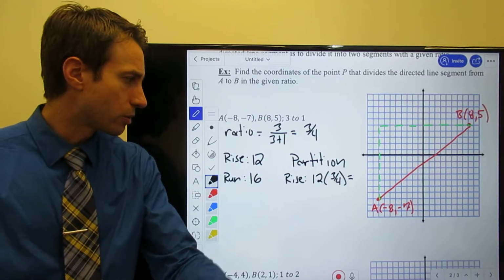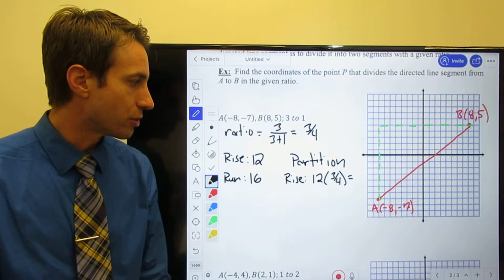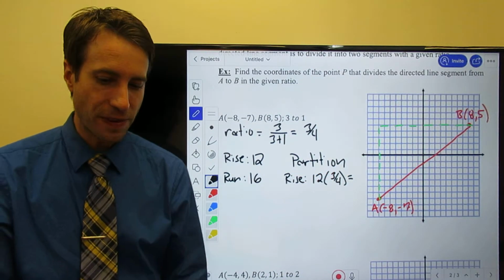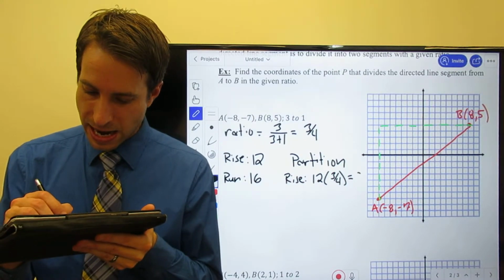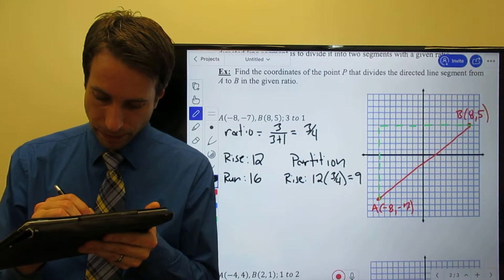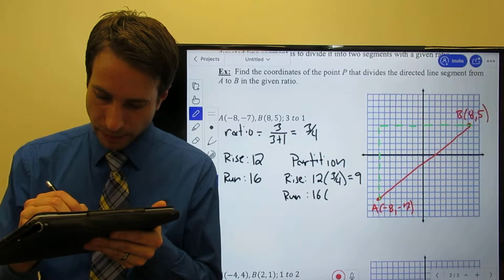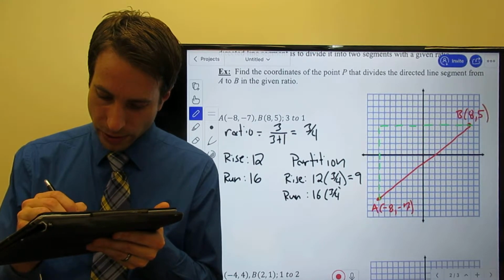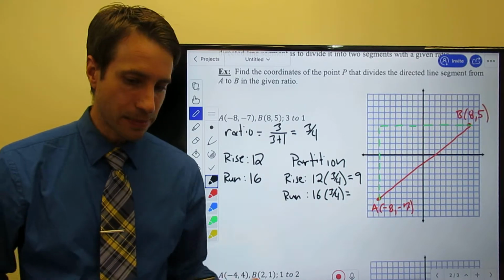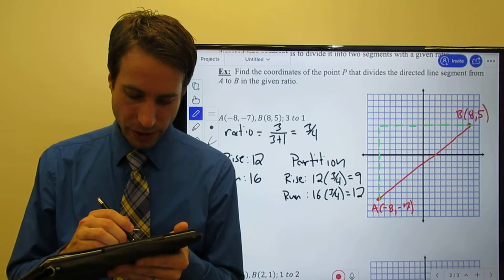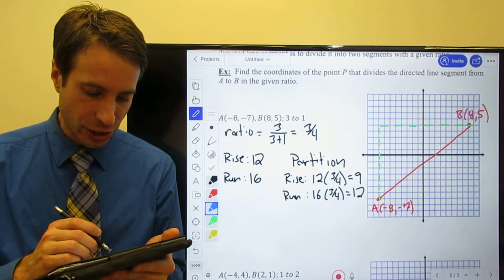Well, again, I'm sure most of you can probably do this in your head, but if you can't, feel free to do it on a calculator. 12 times 3, divide that by 4, you get 9. The run is going to be 16 times 3/4. 16 times 3, divide by 4, 12.